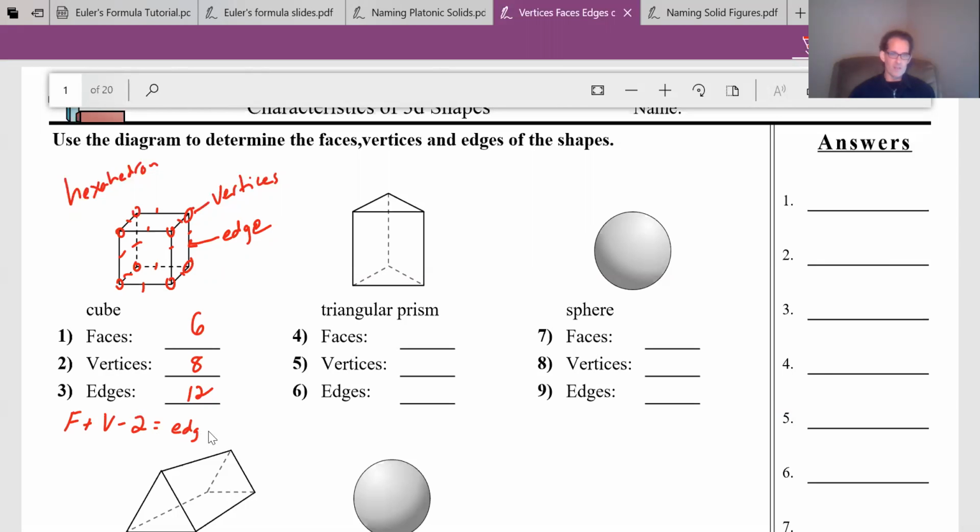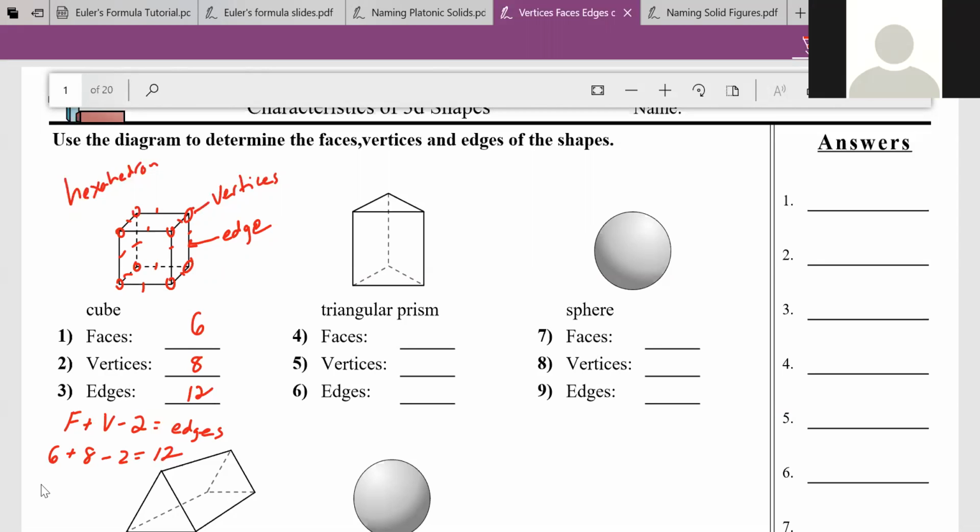Let's try that out. If my faces are 6, I'd have 6 plus my vertices, 8, minus 2. Does that equal my edges? My edges is 12. 6 plus 8 is 14, minus 2 equals 12. This is called Euler's formula.